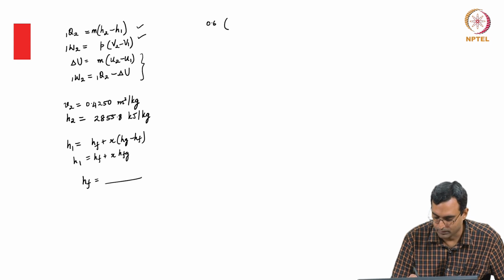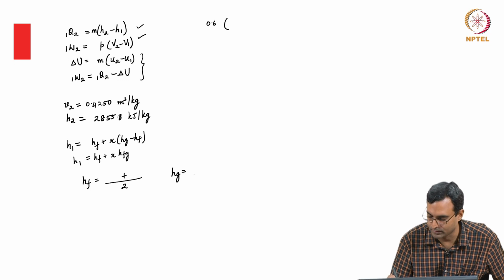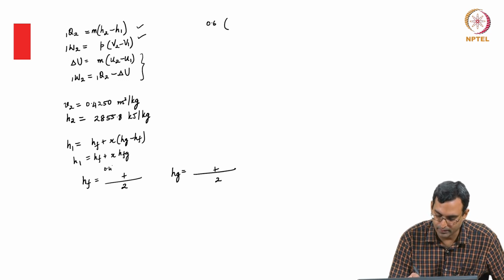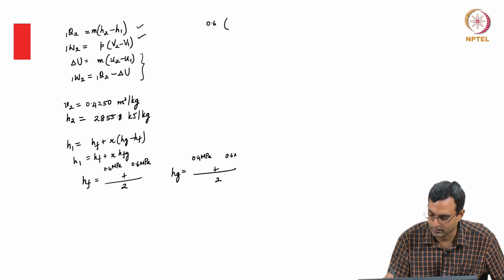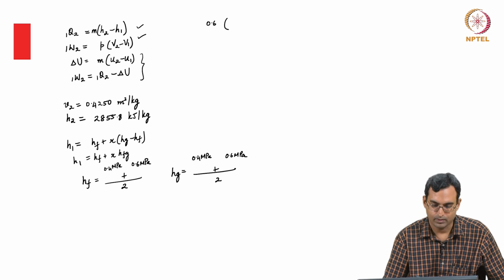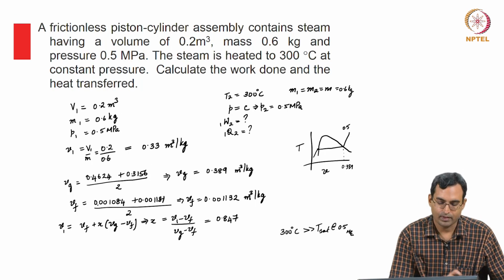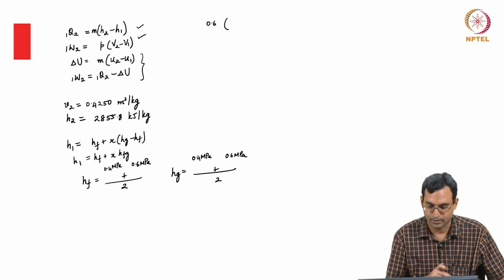I am going to take the average, and Hg also the average of the values from 0.4 MPa and 0.6 MPa. So, let us find that out. What we are finding out is 0.5 MPa and saturated conditions.